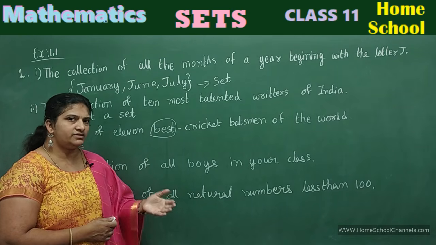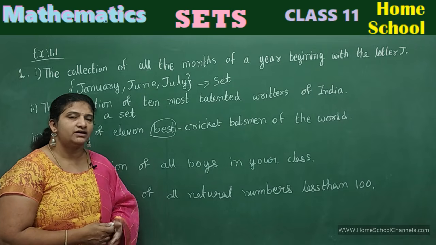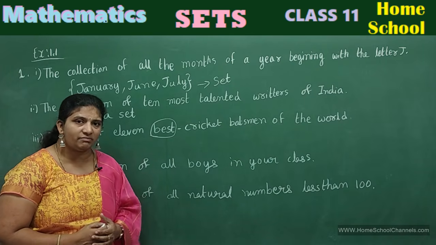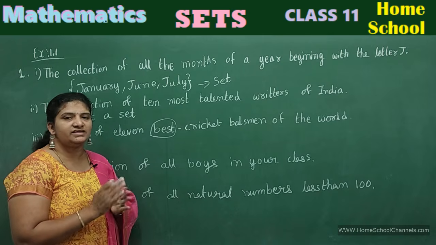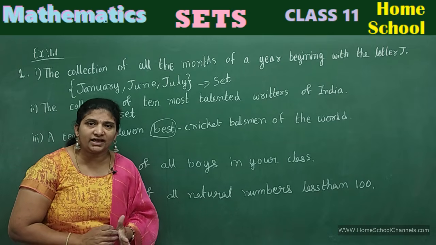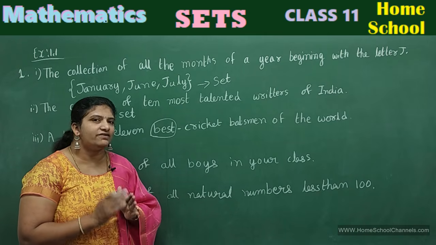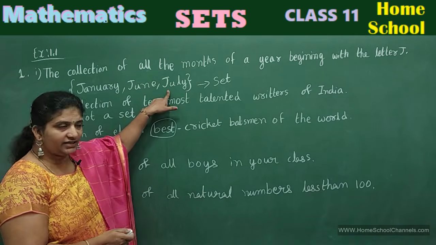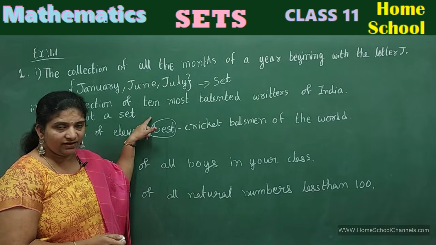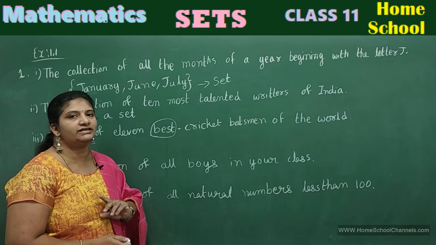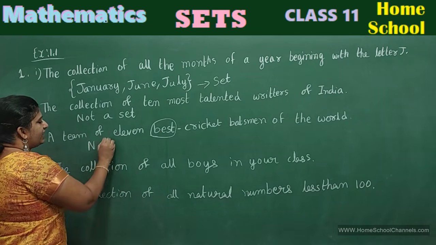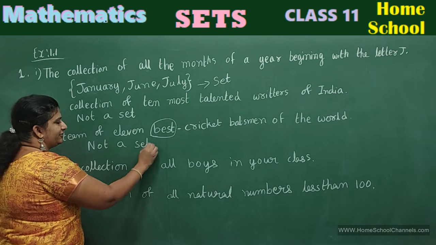For one person, some 11 members may be best and some other person from another country may say other 11 members, right? The answer is not the same. That means it is not a well-defined collection. Here also the collection is not well defined. Therefore, what can I say? It is not a set.